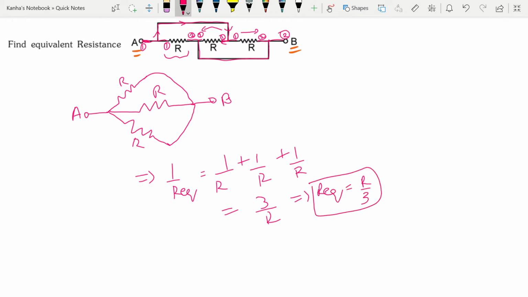So this is a very easy approach to these problems. You just start assigning potentials to different parts of the circuit, and then see how you can reach from one part to the other part, and write all the possible ways of doing that.